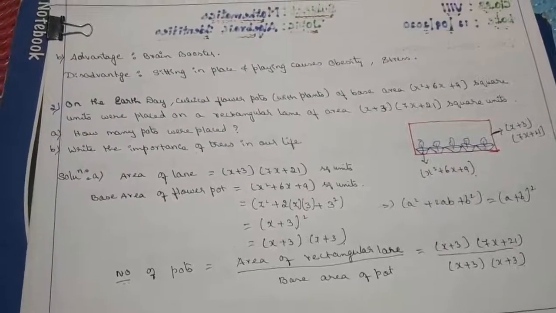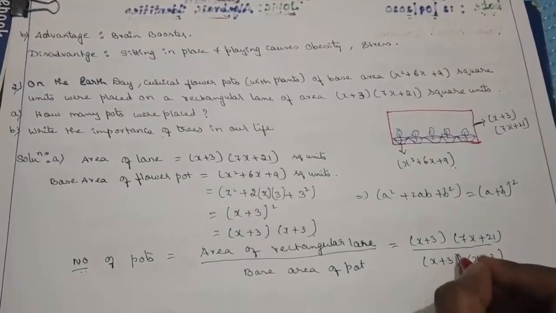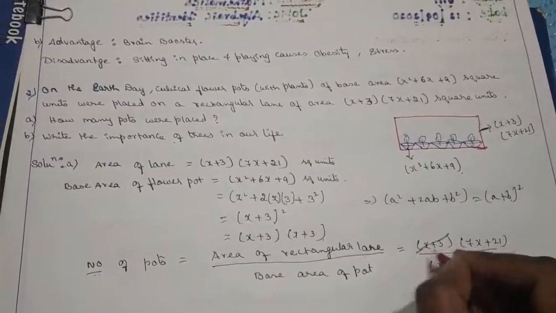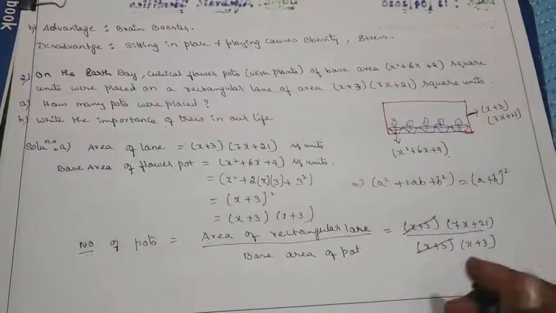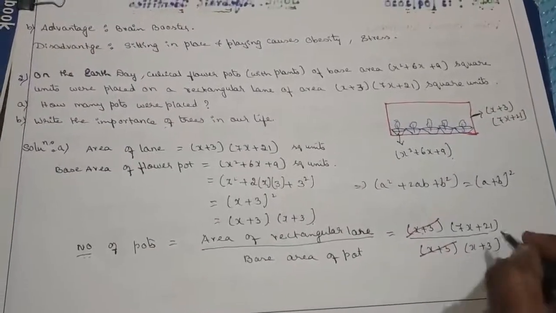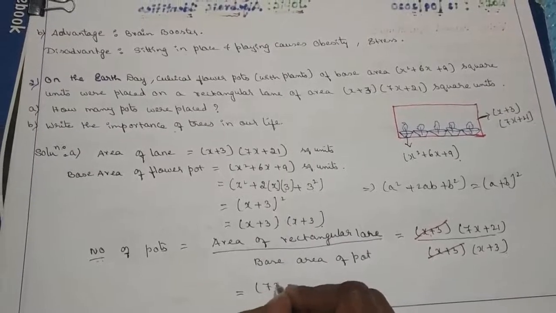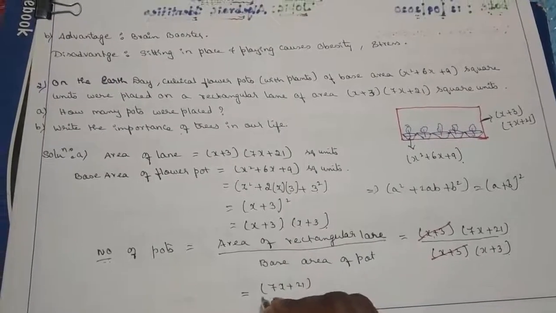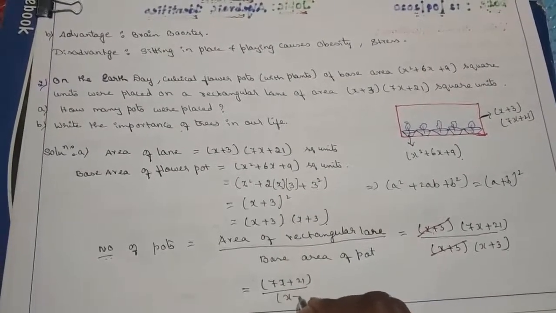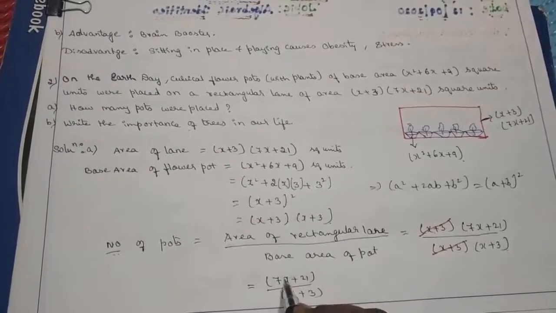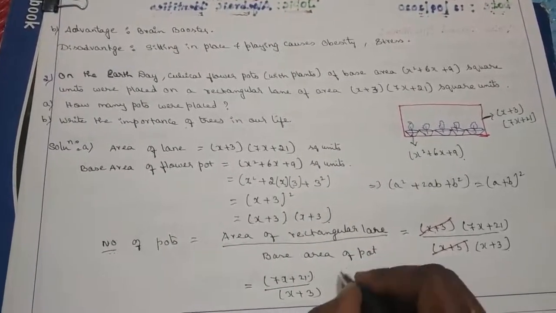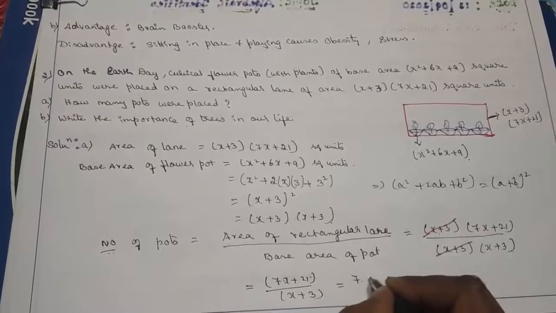So here x plus 3 both we have as common. This gets cancelled. Then left out the factors are 7x plus 21 divided by x plus 3. And here you can observe, children, 7 and 21 come in the common table, that is 7 table.